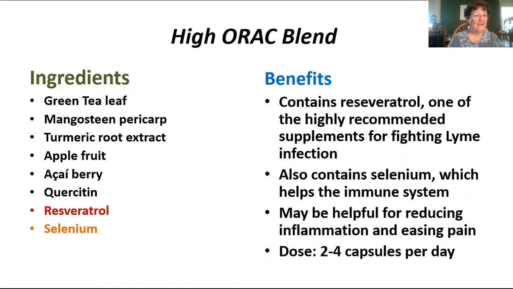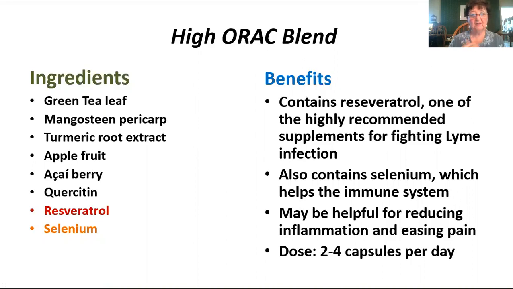There's also this antioxidant formula. Now, this means that it kills reactive free radicals at any point. Now, green tea, we know a lot of information is out there about the benefits of green tea.